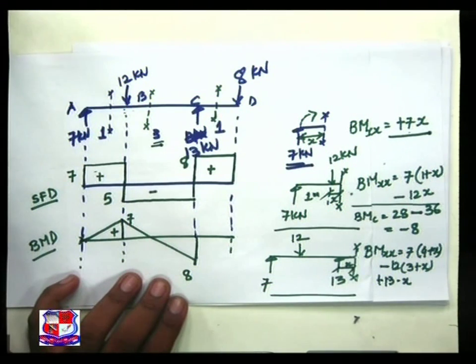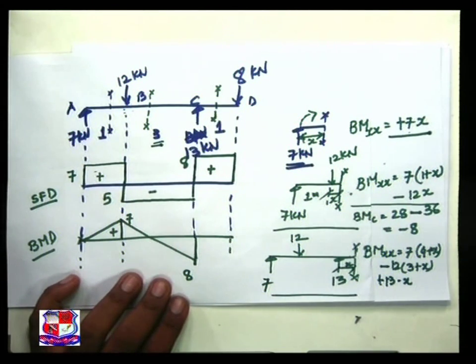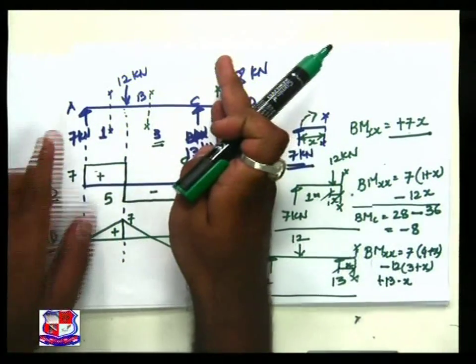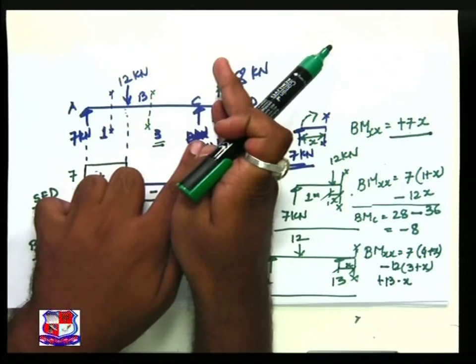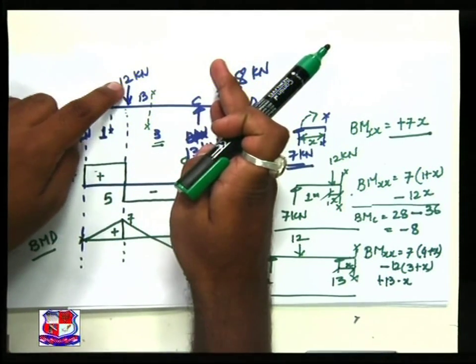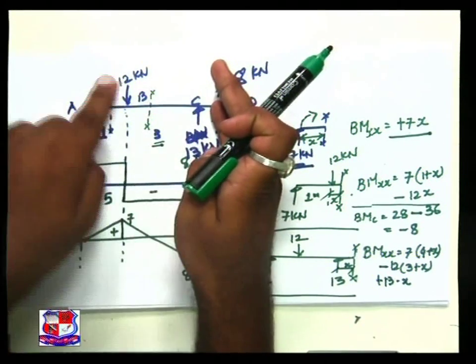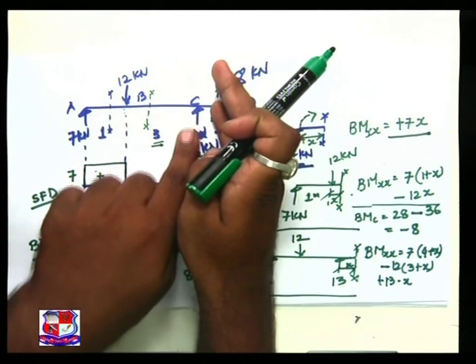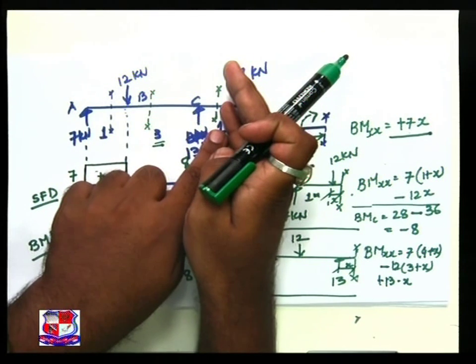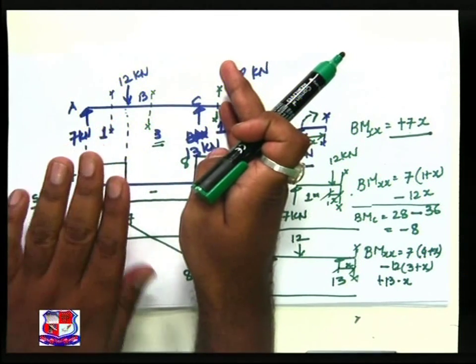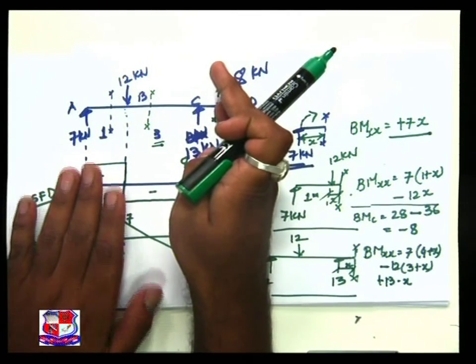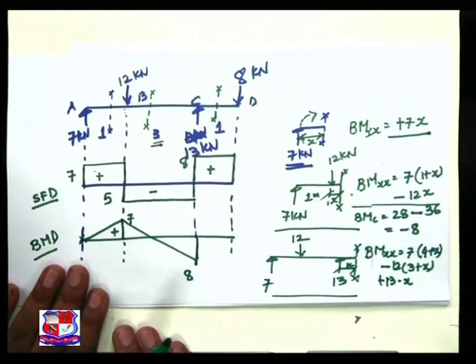Three components have been taken care of over here. The first, 7, the distance is 1 plus 3, 4, 4 plus x. Next 12 into 3 plus x. Next 13, that is nothing but my reaction, 13 into x. Three different forces are there, with their sign conventions adopted.